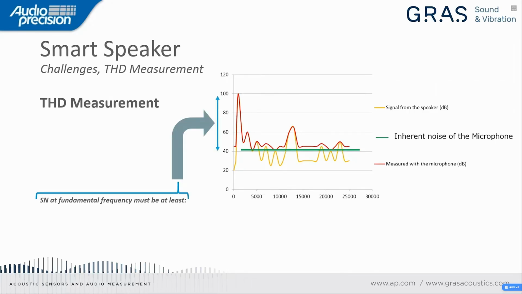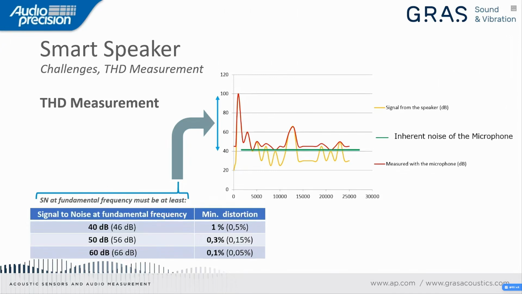If we look at it, the signal to noise ratio between our fundamental and our noise floor should be at least 40 dB. I will recommend 46 dB. 40 dB if the minimum distortion we would like to measure is about 1%.